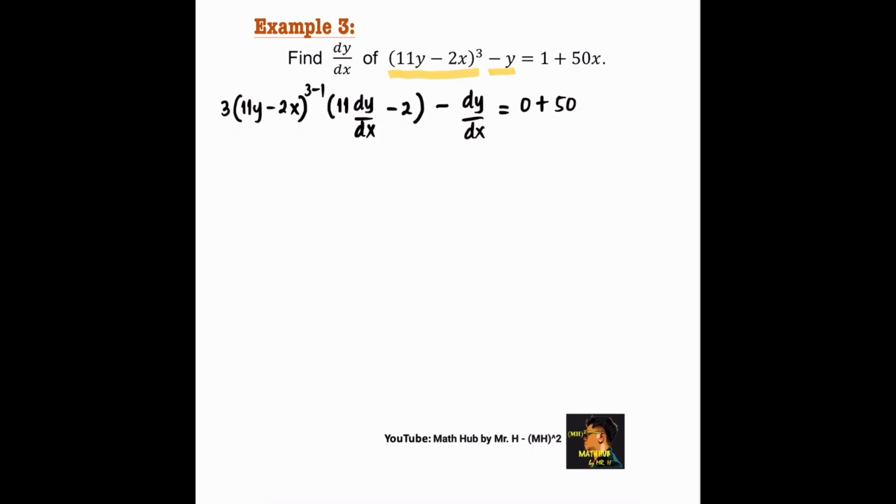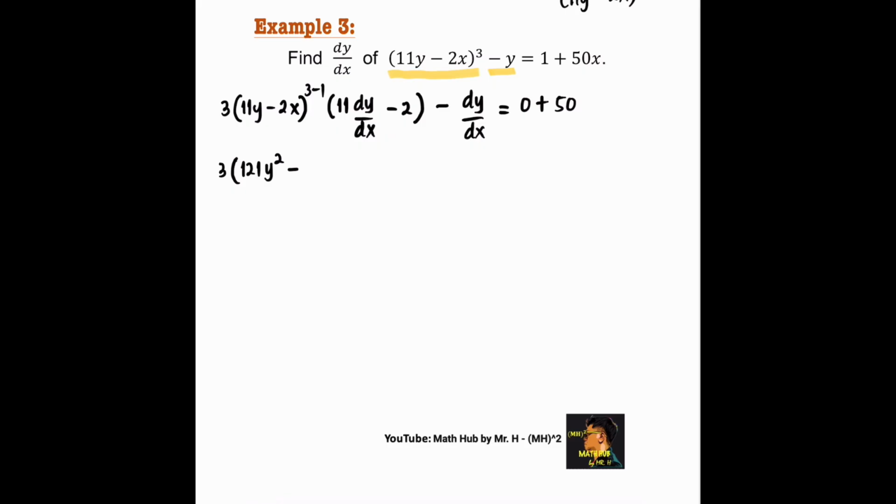And then we simplify, so will be 3 times 11y minus 2x to the power of 2. And actually we can expand this, so it's gonna be square of 11y will be 121y squared, minus, we take this times this one, then times 2.